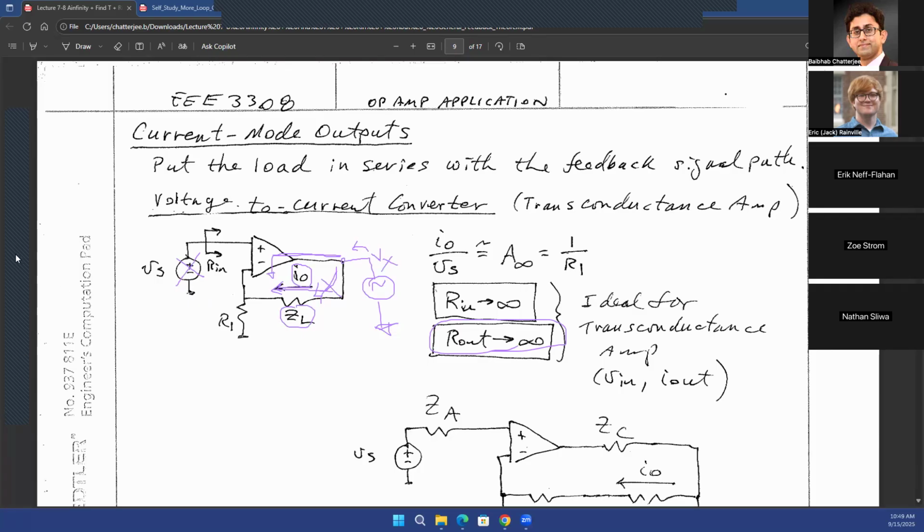Let me draw it with a different color. So this path will actually have no current flowing through it. If you're considering your output as the current flowing through the ZL resistance, there will be 0 current at your output, right?